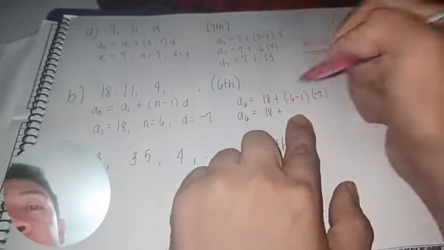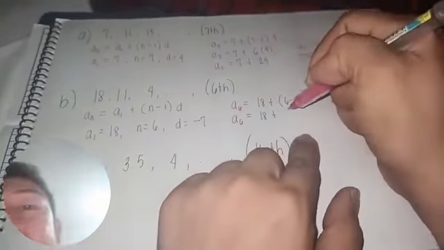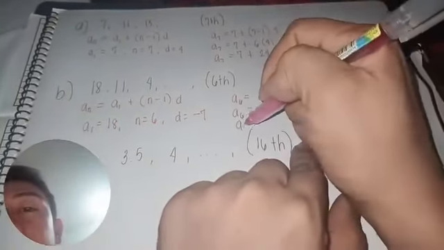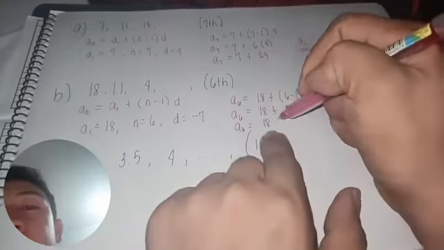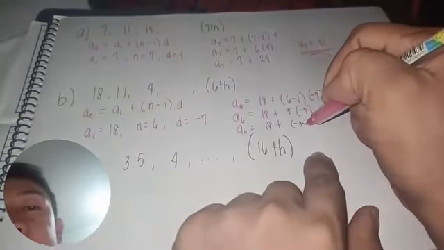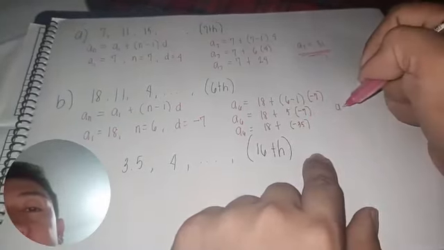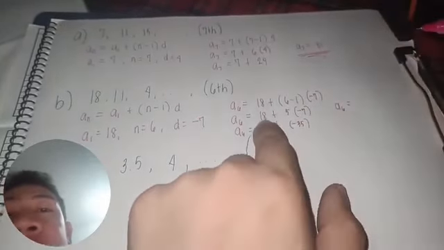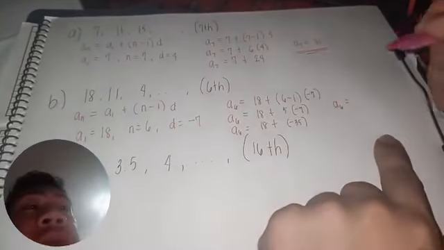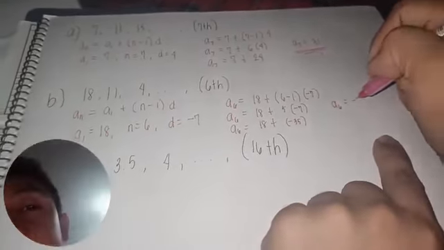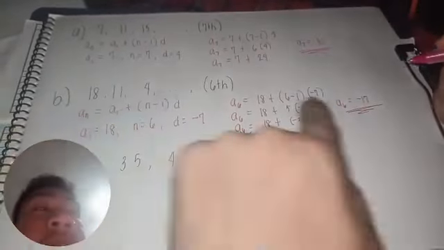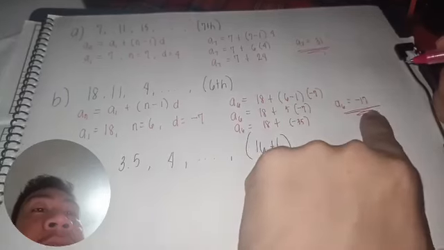Copy 18. 6 minus 1 is 5, multiplied by negative 7. Do the multiplication. Copy 18. 5 times negative 7 is negative 35. Then add: 18 plus negative 35 is equal to negative 17. So that means our sixth term in our sequence is negative 17.